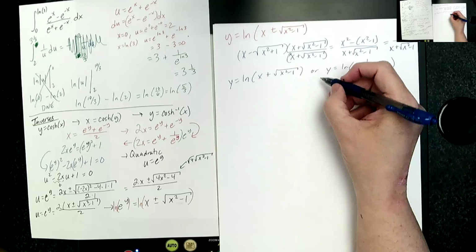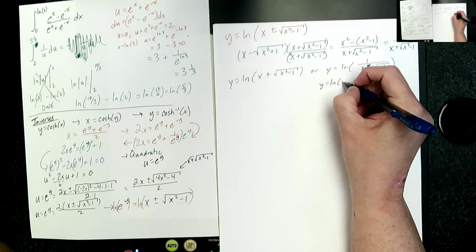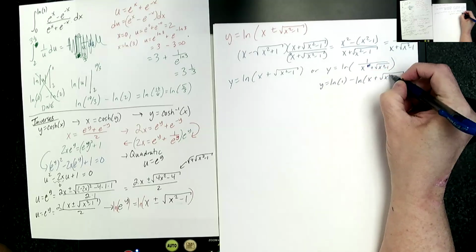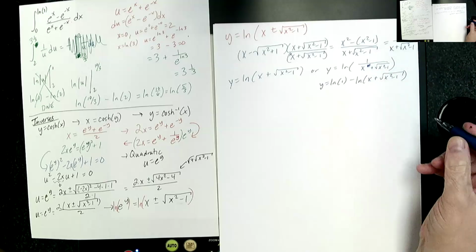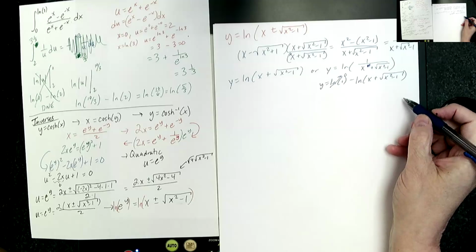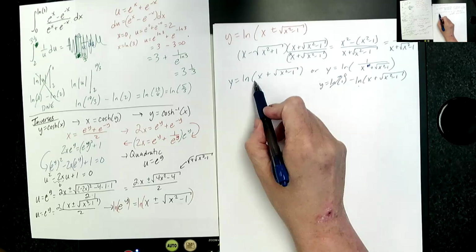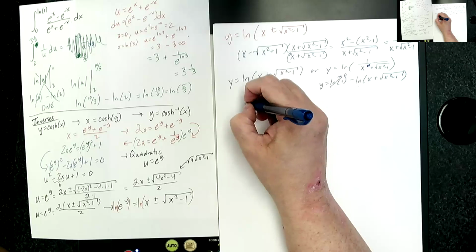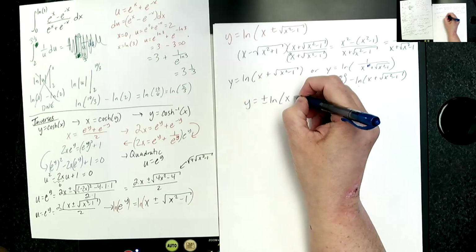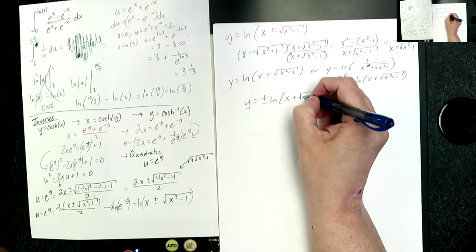But this is just natural log of 1 minus natural log of x plus the square root of x squared minus 1. Or you treat it like an exponent. This is 0. And now I've got the negative version of that one. y equals plus or minus natural log of x plus the square root of x squared minus 1.